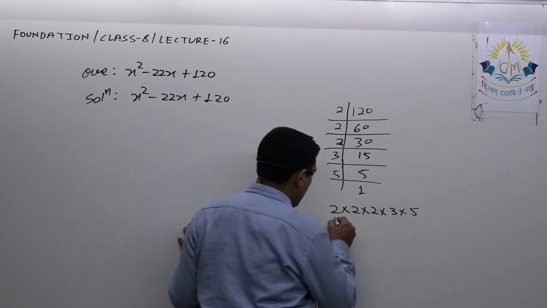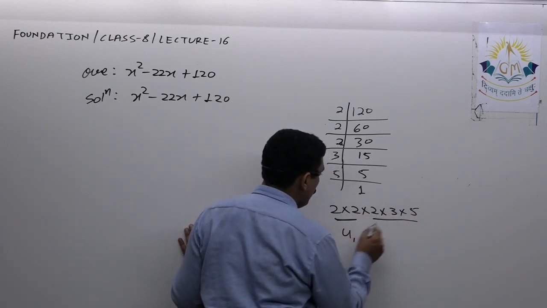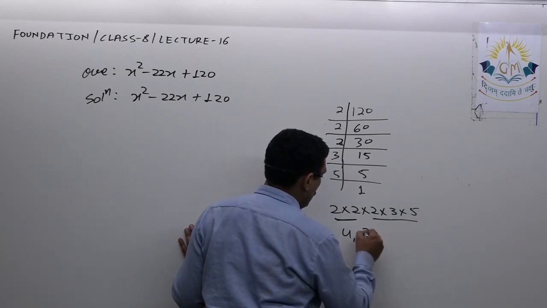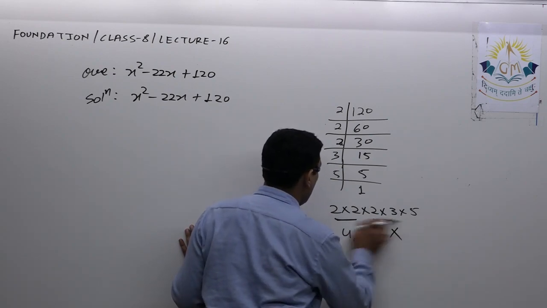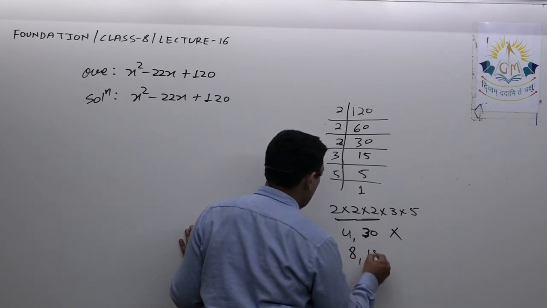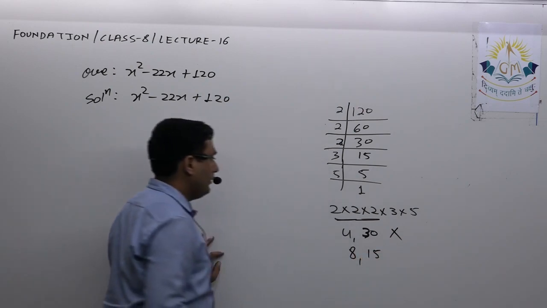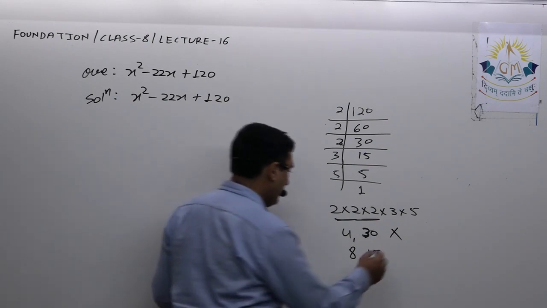So here if I take this 2 and 2, 4, and this, so 4 and 30, definitely you won't get 22. So we'll neglect this. Now next, if I take these three, that is 8 and 15. So 8 and 15, it is 23.